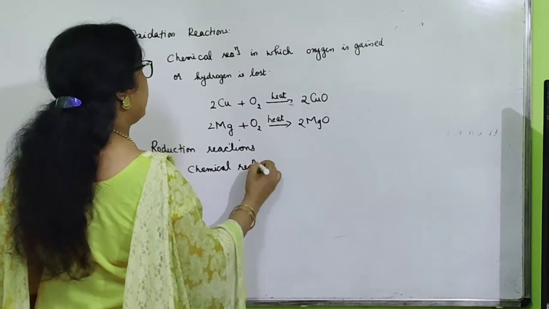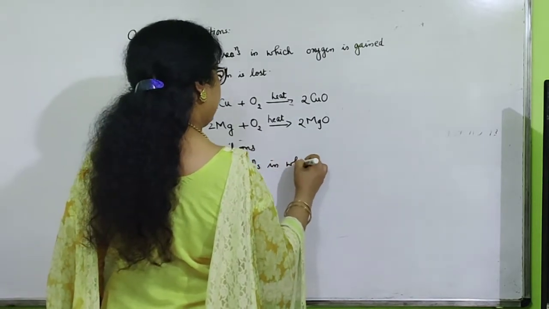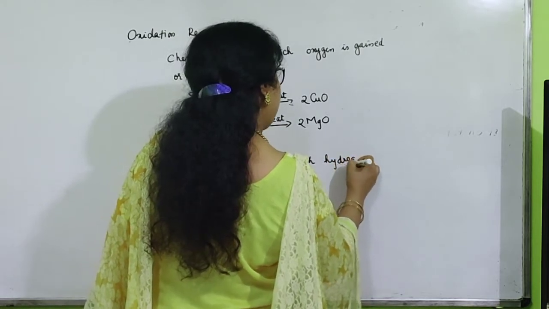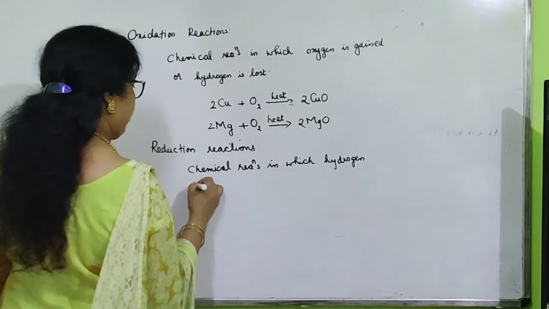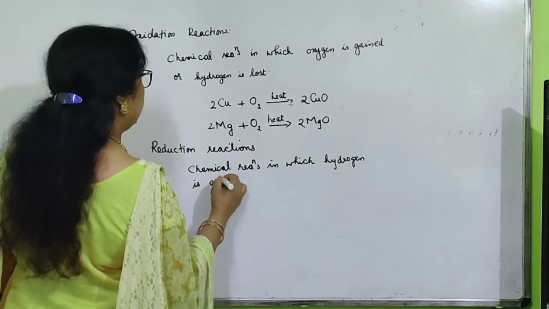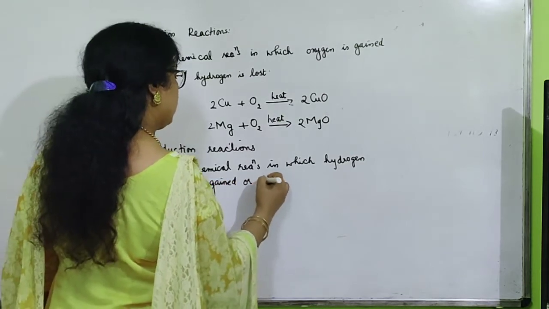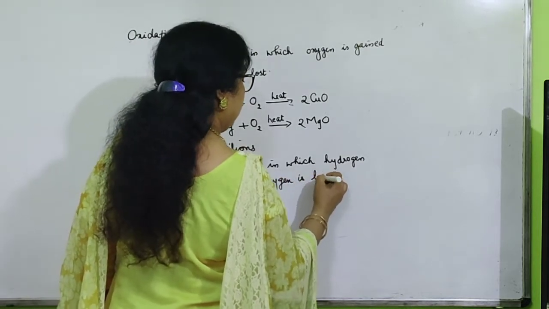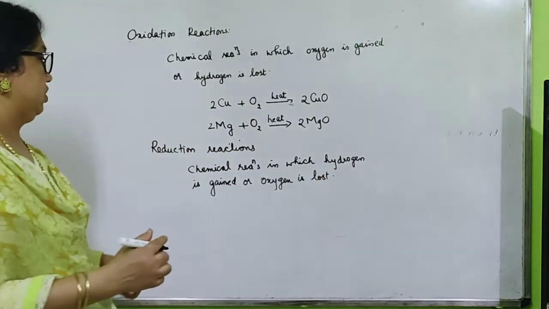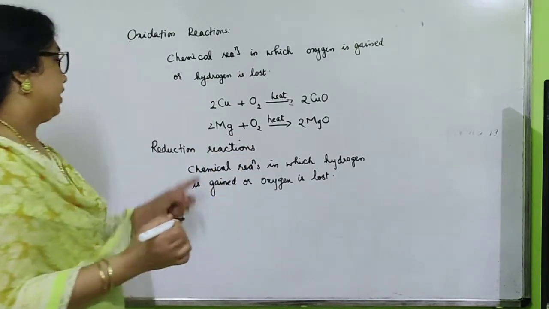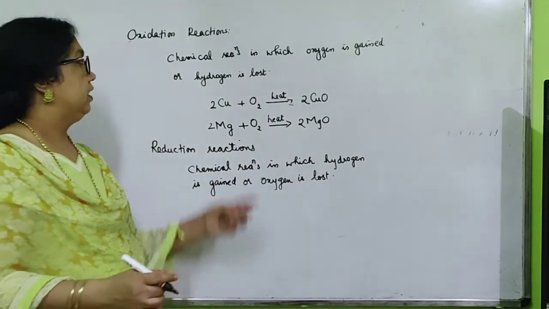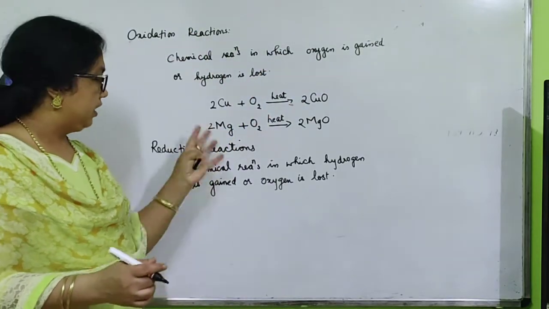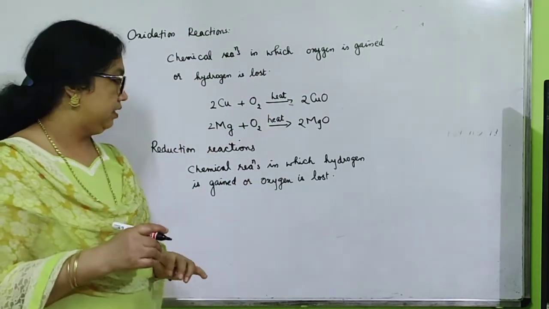Chemical reactions in which hydrogen is gained or oxygen is lost are called reduction reactions. In oxidation, as the word itself suggests, oxygen is gained. Reduction means hydrogen is gained.